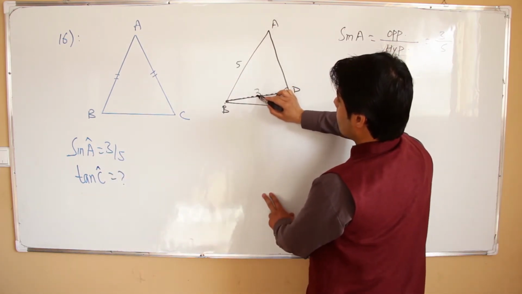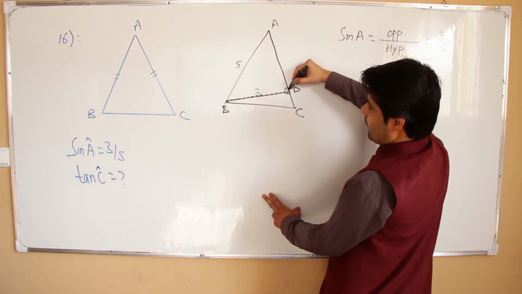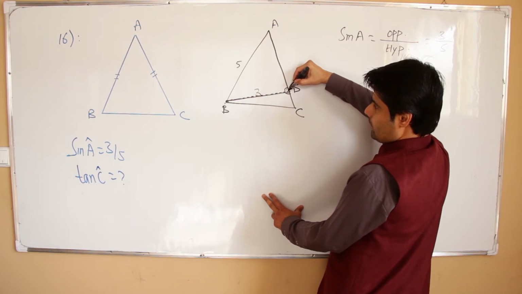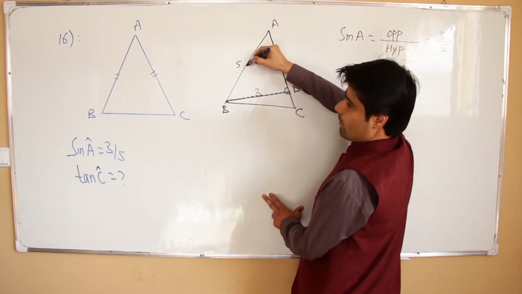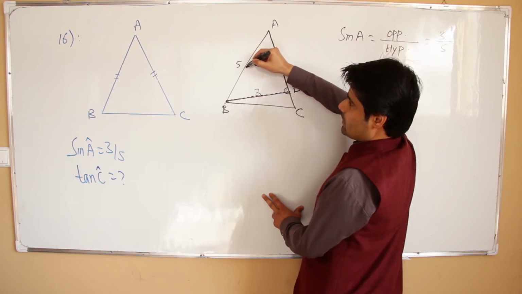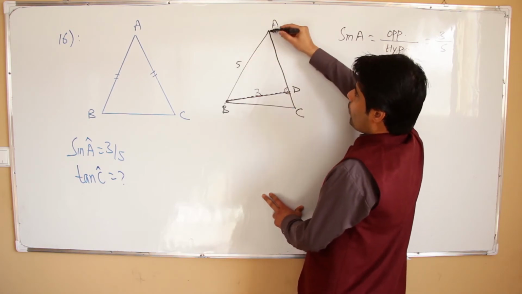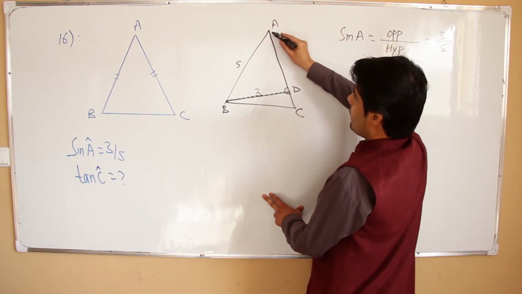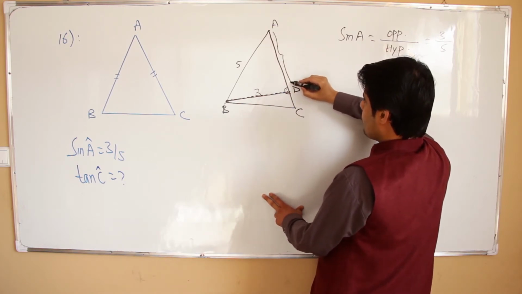This is 3. And this is our right angle. In the right angle triangle, this side is our hypotenuse. If this one is our hypotenuse, now what is this side? This is adjacent. Adjacent, I think it is 4.